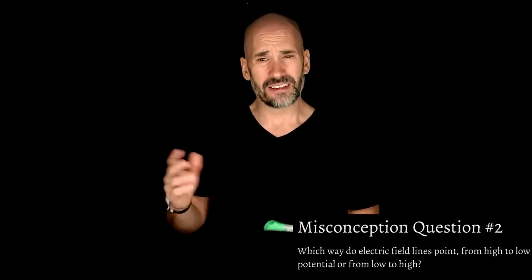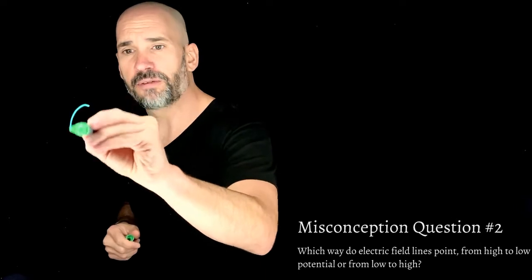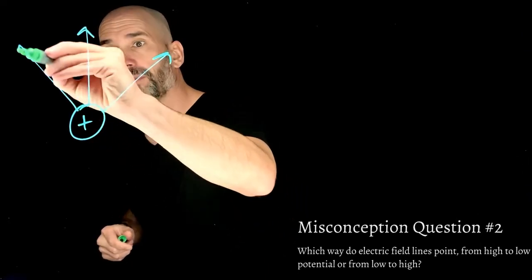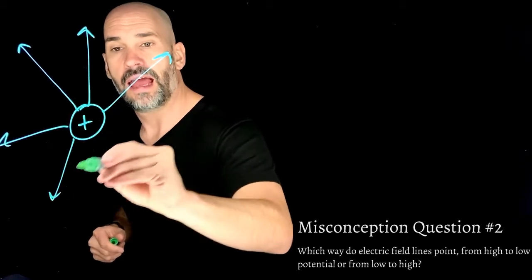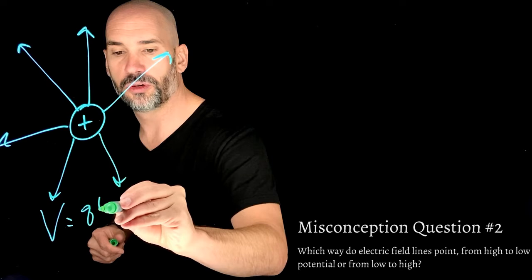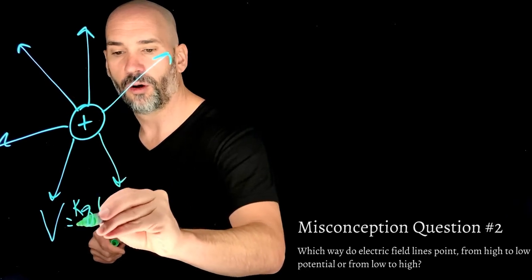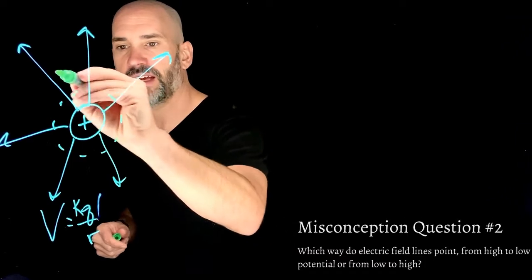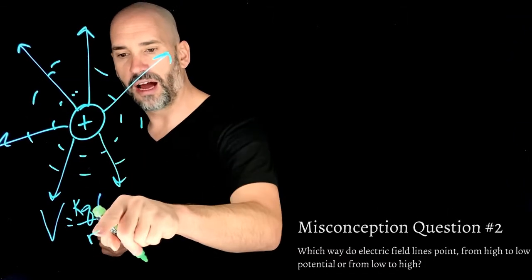All right, well, let's just take a look at a proton. We have a proton here. We know electric field lines point away from them, right? And we know that the electric potential is V equals KQ over R. All right, so you have these equal potential lines that the smaller R is, the bigger they are.